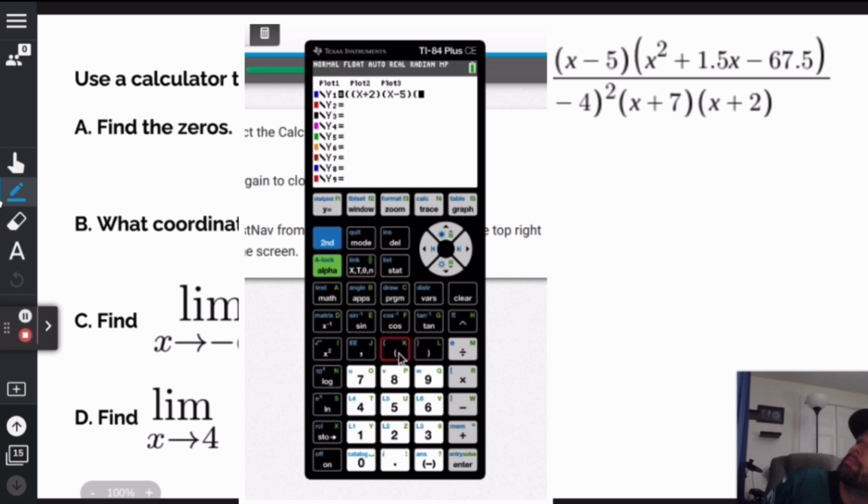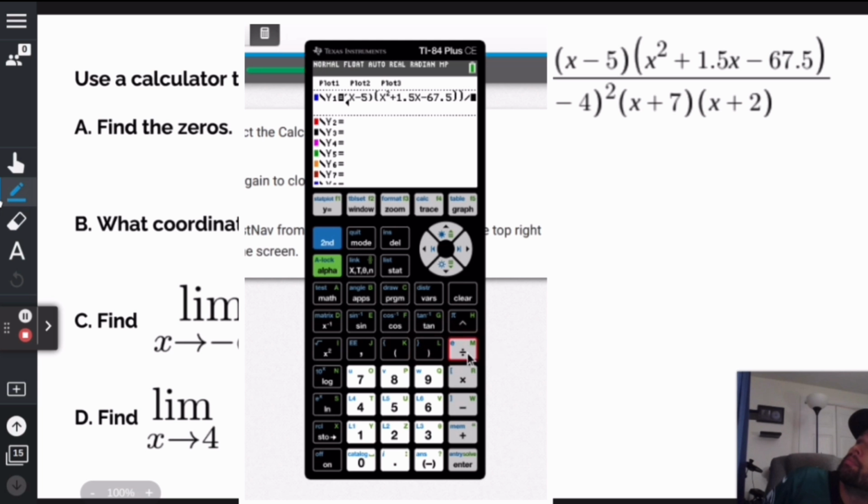And then I have a quadratic, so x is right there, squared is right there, plus 1.5x, minus 67.5, bada bing. And since I started out with a big left parenthesis, I have to make sure I close that parenthesis. Now the entire numerator is wrapped in parentheses.